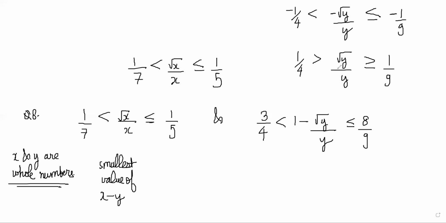So now root y by y and root x by x simplify to 1 by root x and 1 by root y. 1 by 7 is less than 1 by root x is less than or equal to 1 by 5. And we have 1 by 9 is less than or equal to 1 by root y is less than 1 by 4.